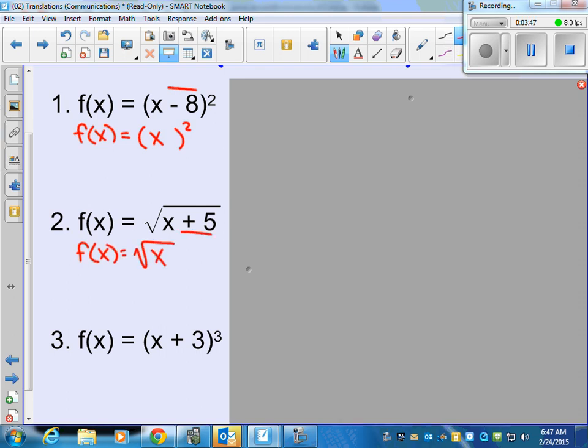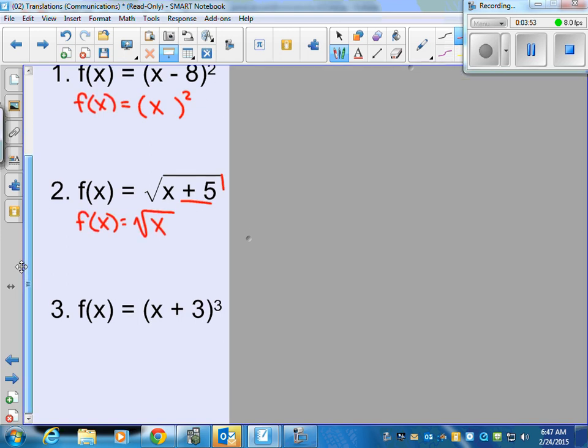The plus 5 is under the square root, so it's inside the parent function. And in our third graph, we've got f of x equals x cubed. Once again, x cubed is the parent, and the plus 3 is on the inside.